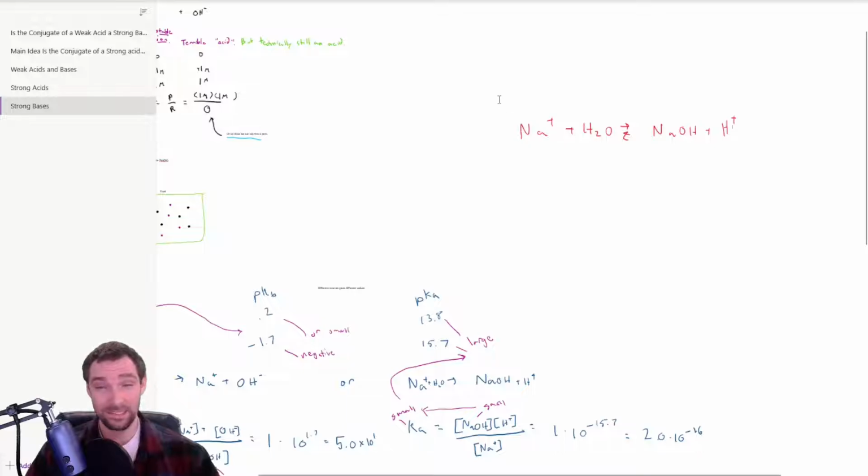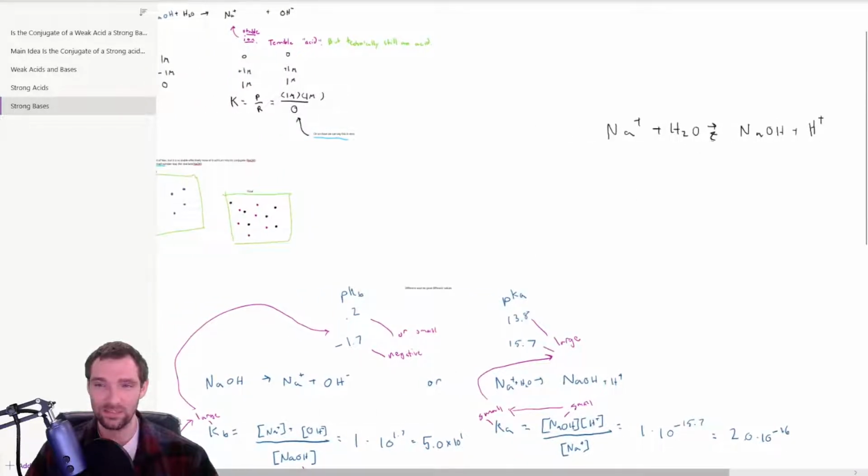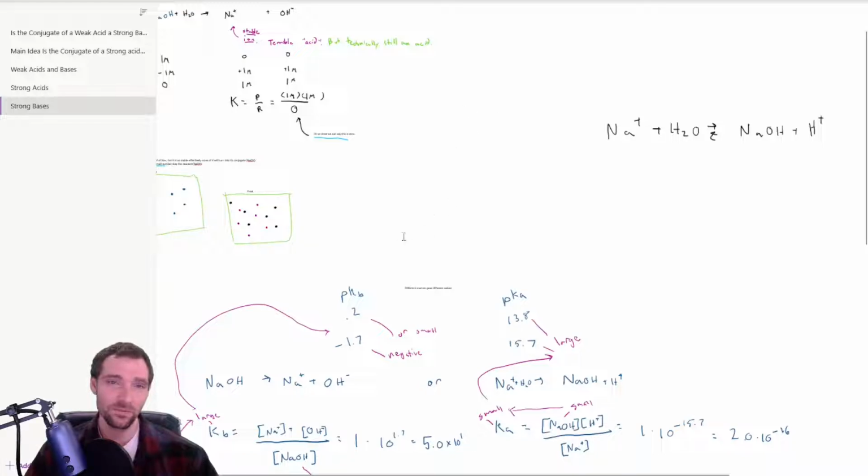Now, this is terrible at doing that, though it still technically can do that. It's just not really going to unless you had a very, very large amount of these. Then you might get some of those, but on a scale, it's so small. This number is so small compared to that number that we can effectively say it's 0.